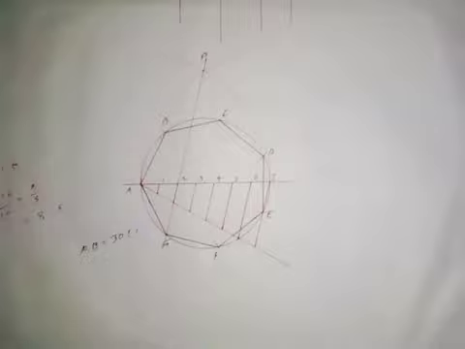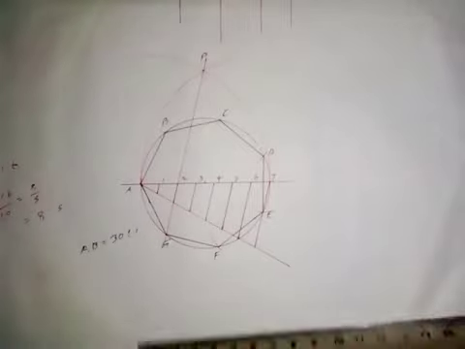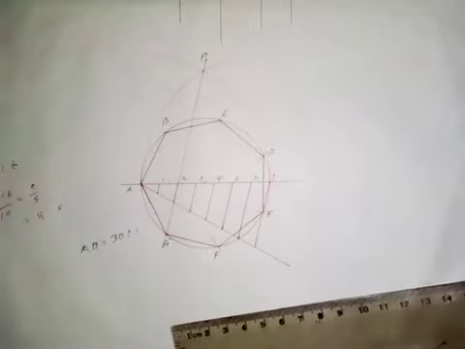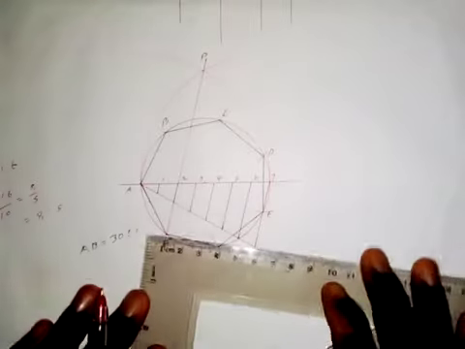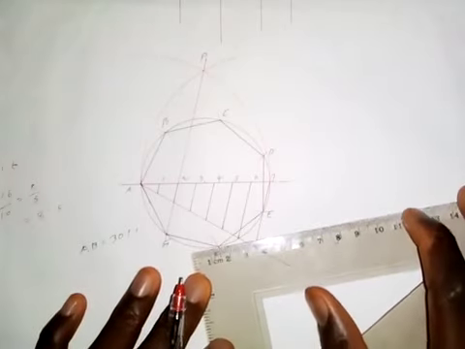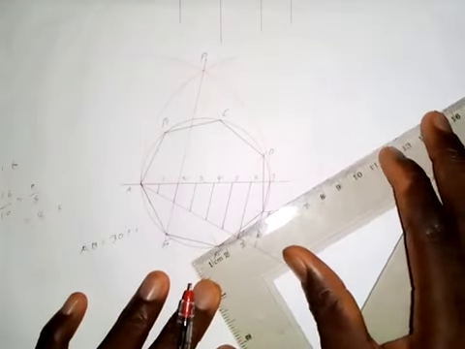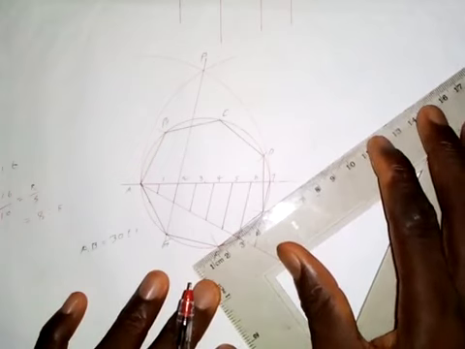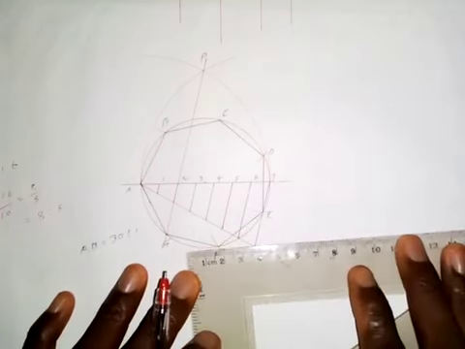So what we need to do now is as follows. This is how I'm going to do it. So I'm going to draw a line. I'm looking at the space to use for this.